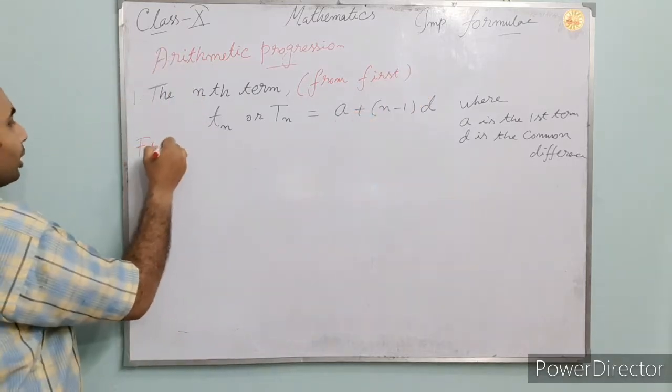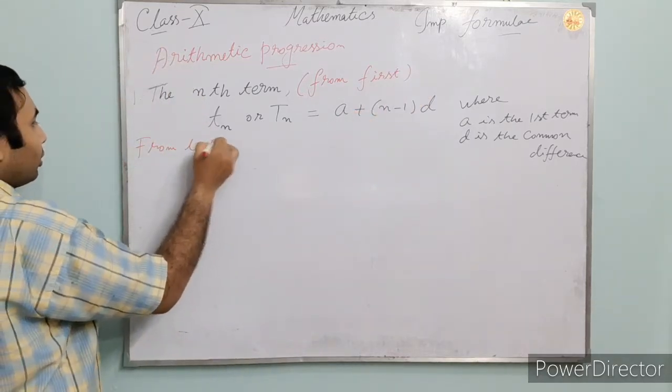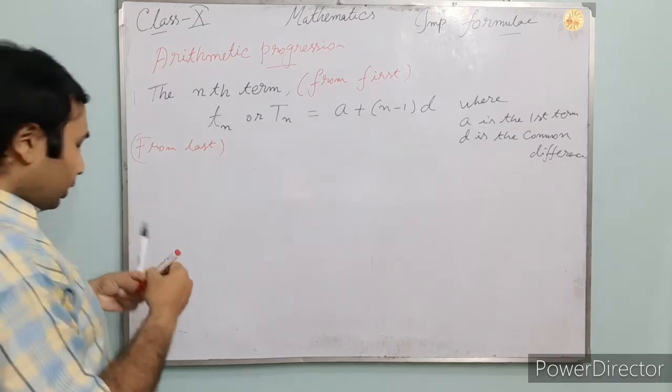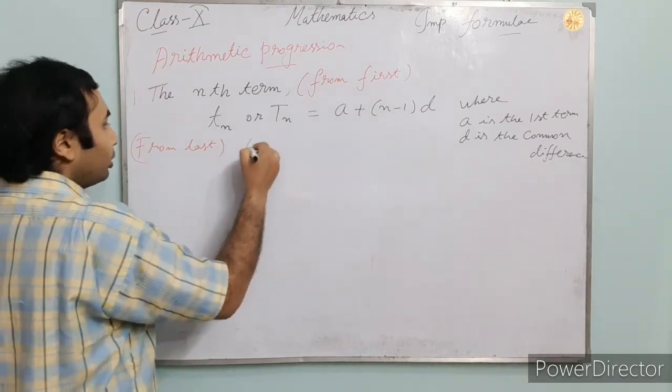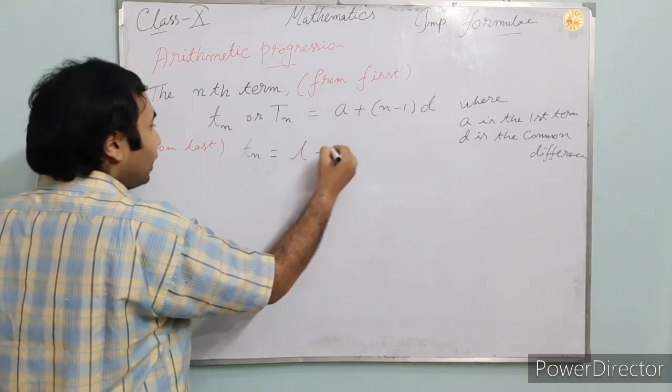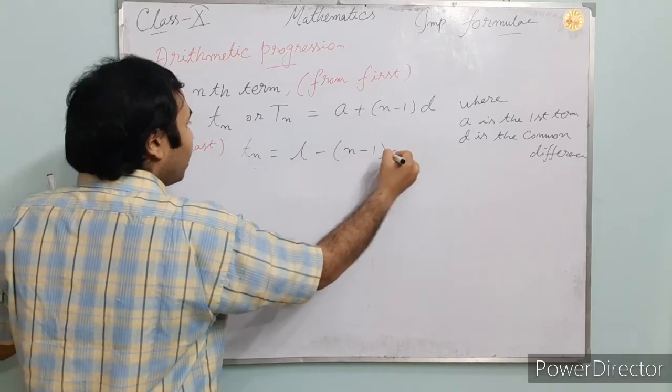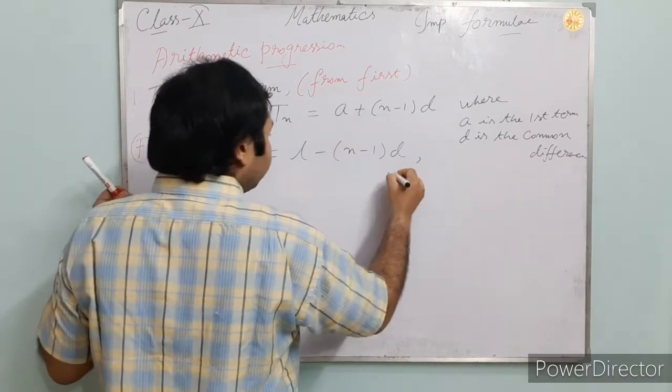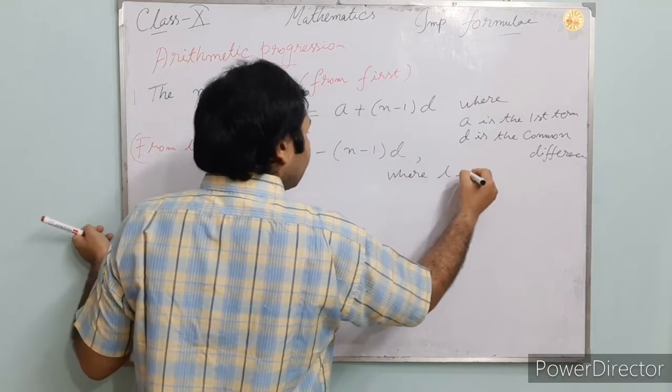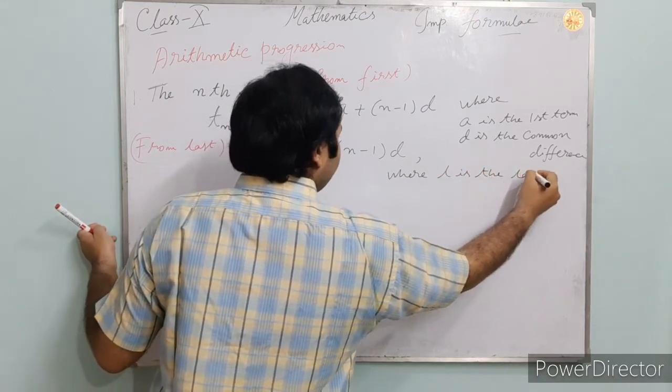From the last, it is Tn equals L minus n minus 1 into d, where L is the last term.